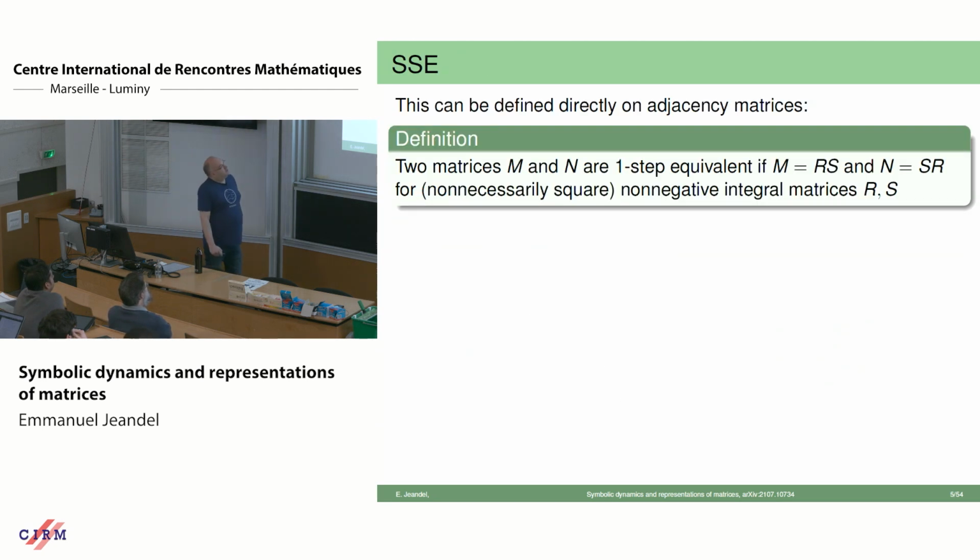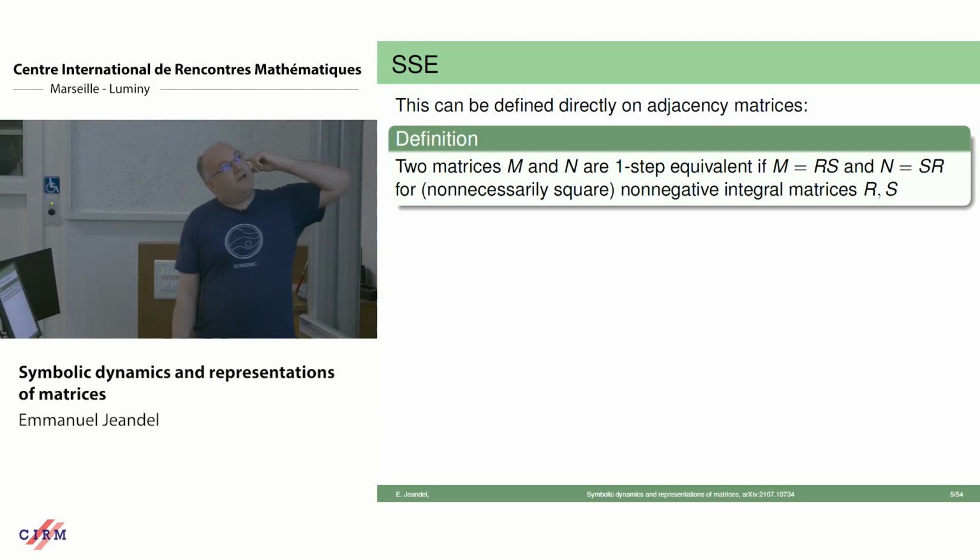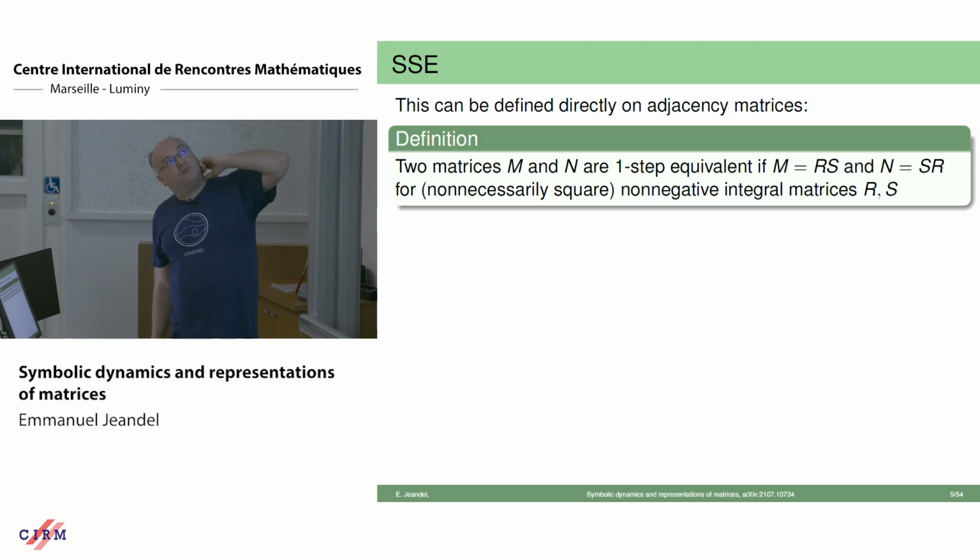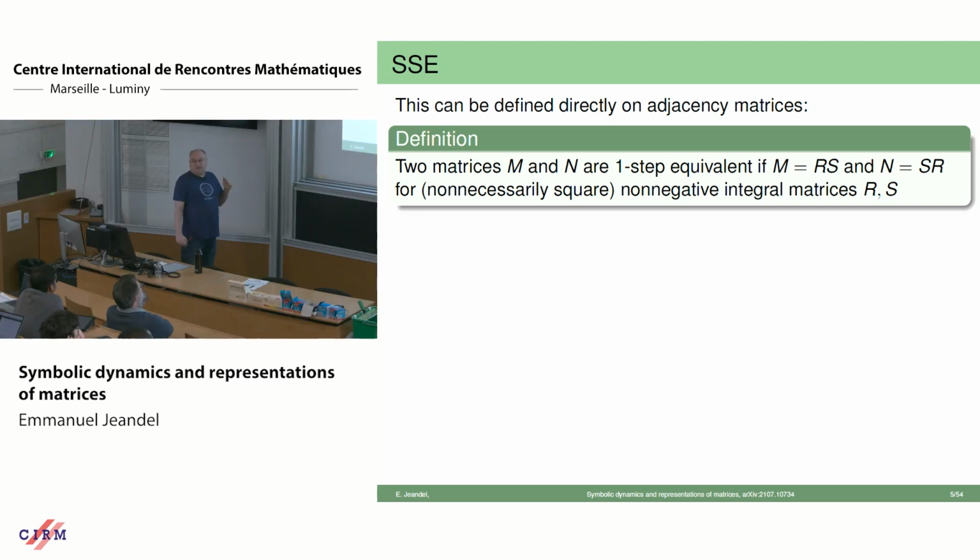So first, you do it in one step, and then the equivalence is n steps of this. In one step, you say that two matrices M and N are one step equivalent if one is RS and the other is SR for two matrices R, S that are non-negative. So that's the important part.